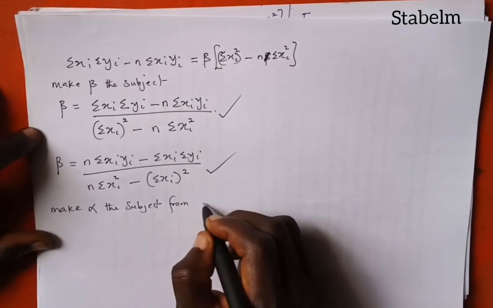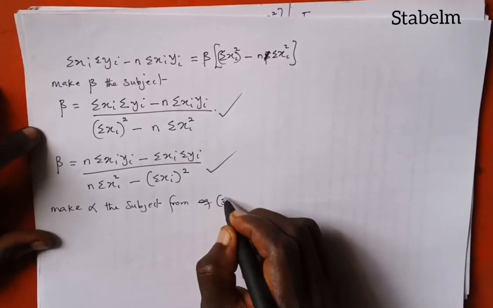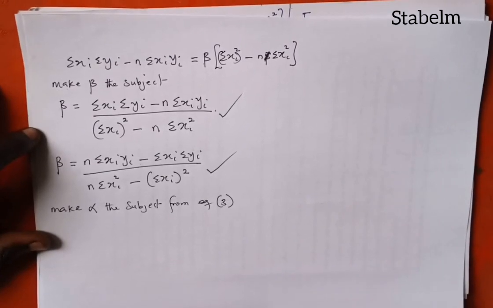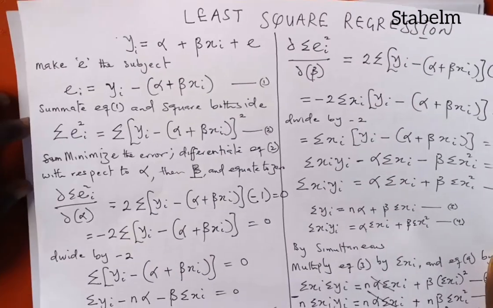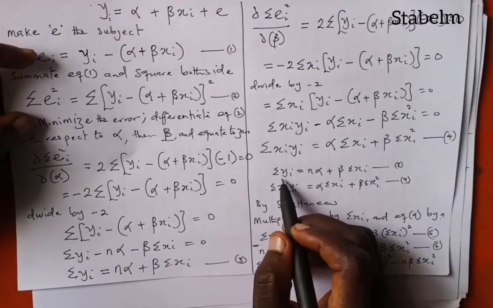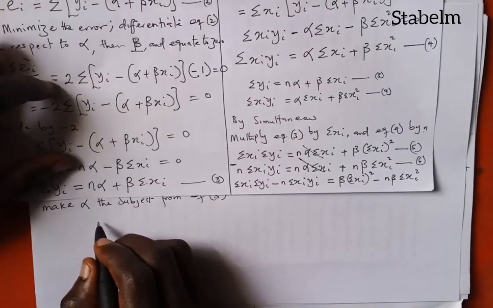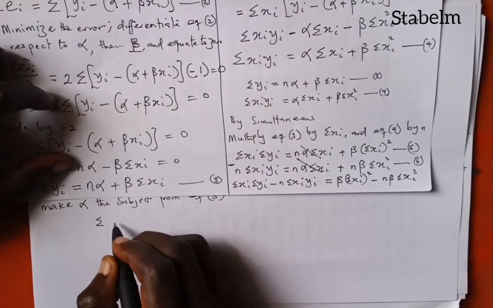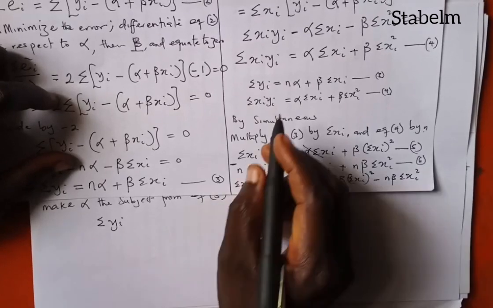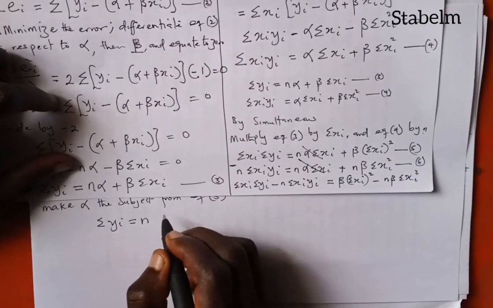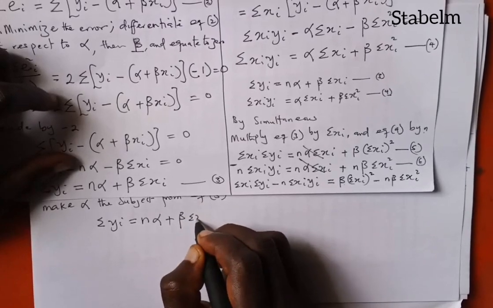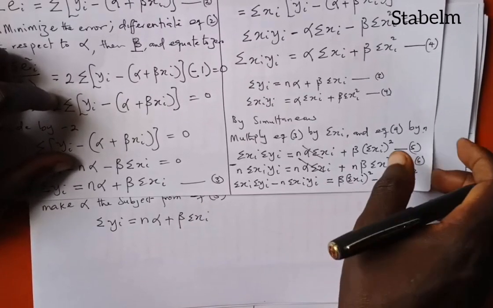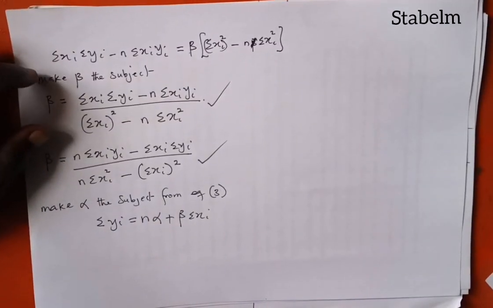from equation 3. Now what is our equation 3? Let's remind ourselves. This is our equation 3 here. Summation yi equals n alpha plus beta summation xi. So that is our equation 3.